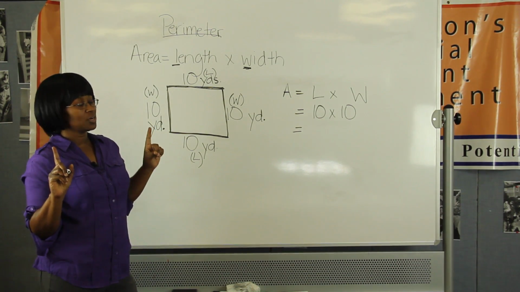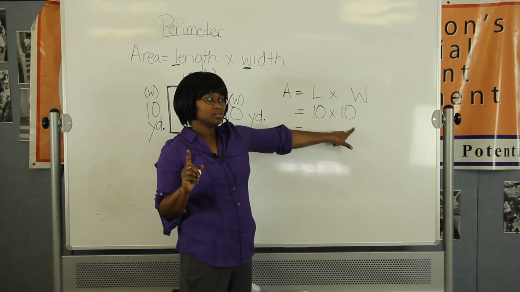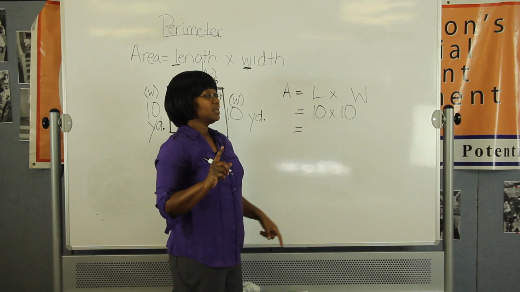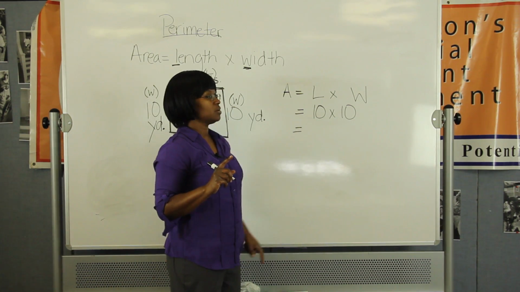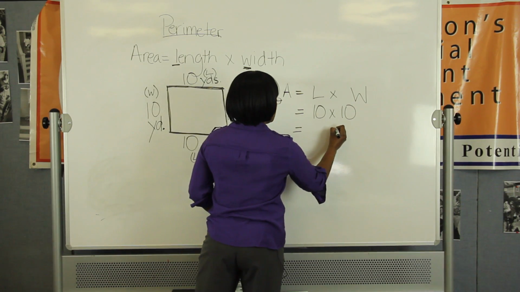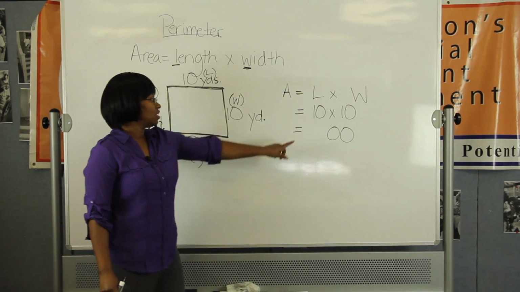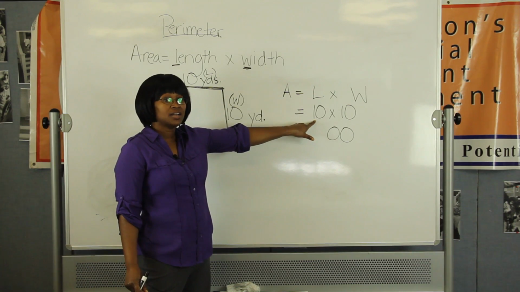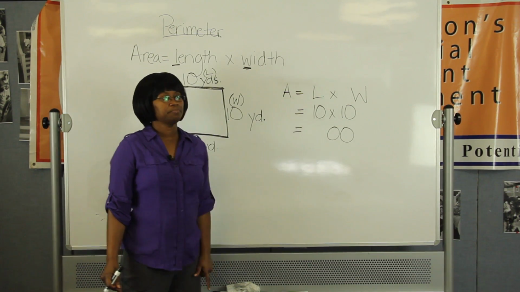So let me show you a shortcut. When you have numbers, each number has a 0. Just count the number of zeros you have. We have 1, 2 zeros. Let's go ahead and put those here. Now, all you have to add are the other numbers that are non-zero numbers. What is 1 times 1?